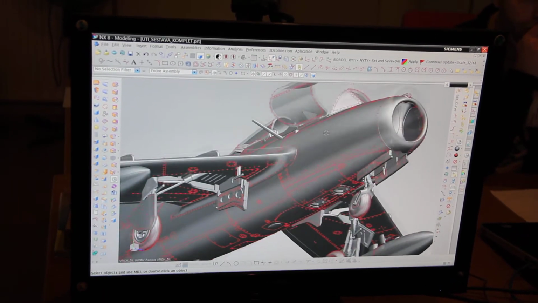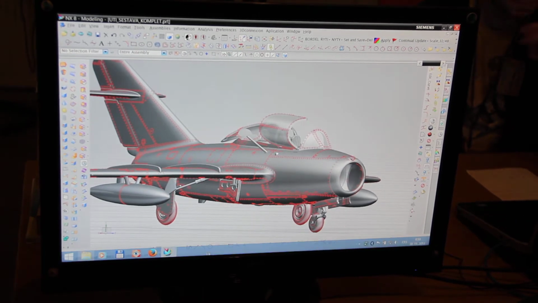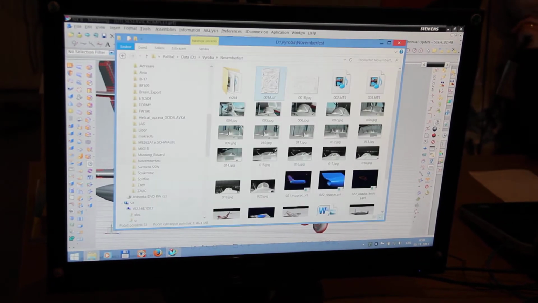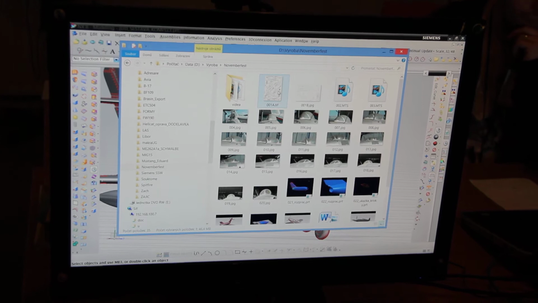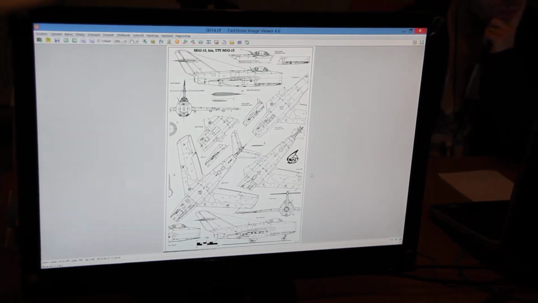Yeah. So when our designer has our order, or my order, what they have to do is find the blueprints and pictures. We find a real example of the aircraft in a museum.